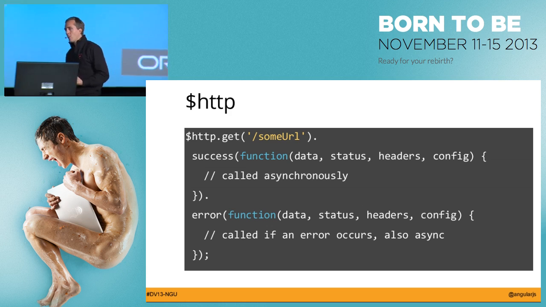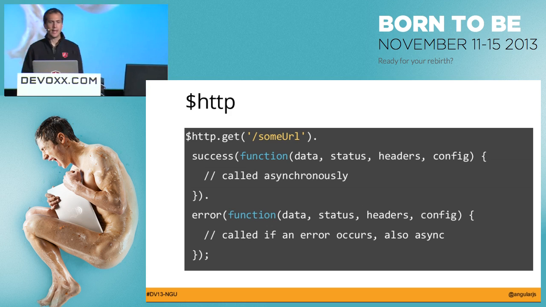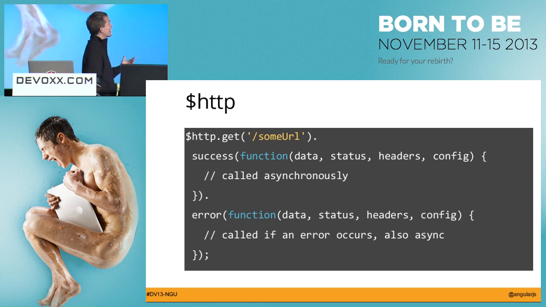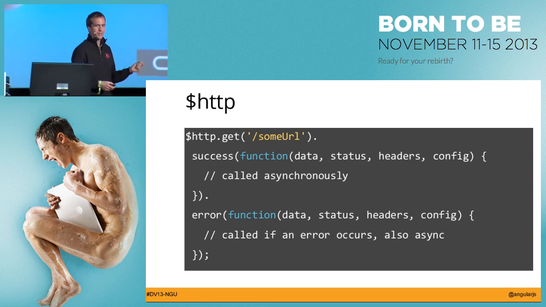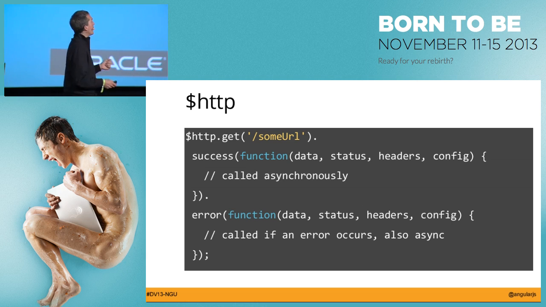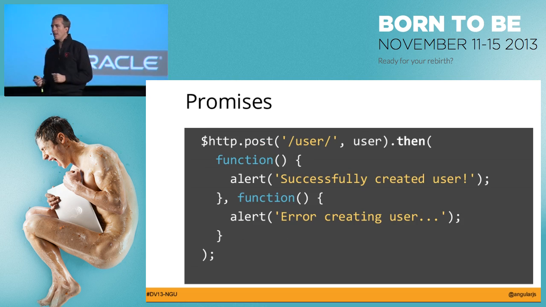Now, you would probably want to do what I'll call a more full form of get, where you specify what to do on success and what to do on error. But still, you notice this also looks kind of synchronous in that I can call success and error immediately on it. But what these do is they just set up a state machine that gets executed later.